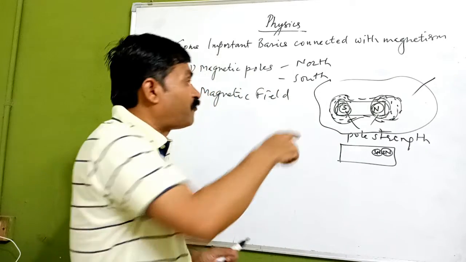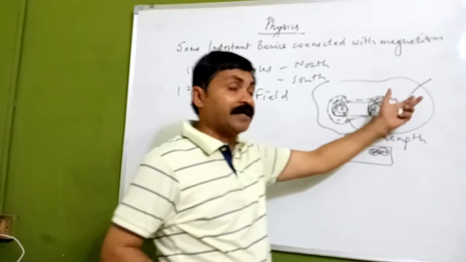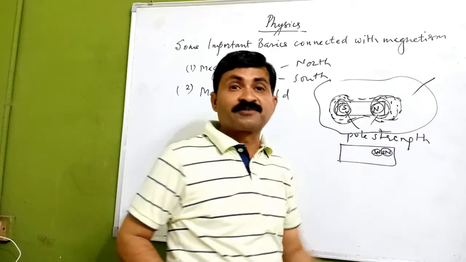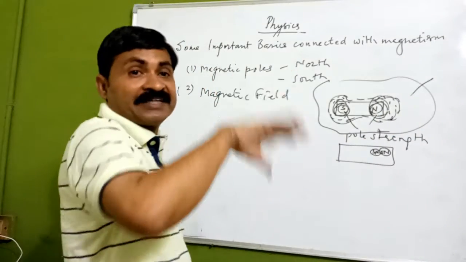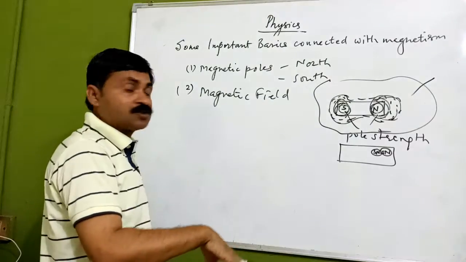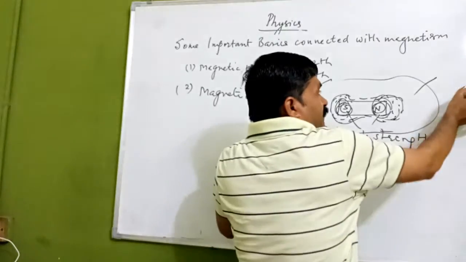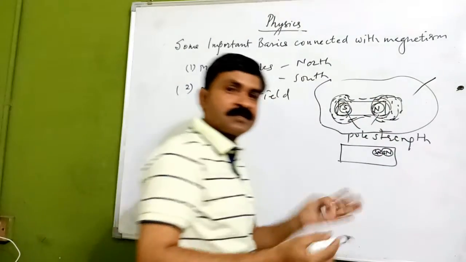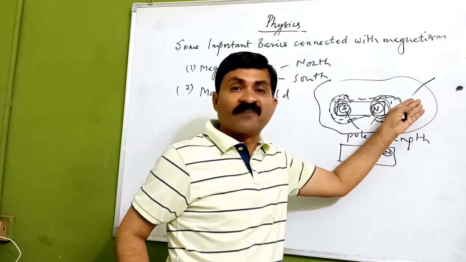Here it is the force experienced by a north pole. When we put a north pole, it will experience some force, which is defined in terms of the pole strength and force. If you put some non-magnetic material, it has no effect, meaning its magnetic field is not there, so it is not having any influence.